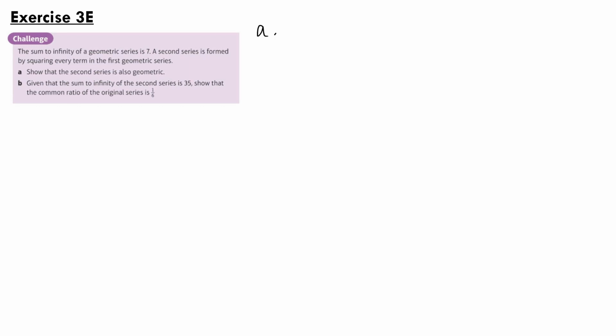So, if we think about what a general geometric sequence looks like, we're going to have first term a, and then after that we're going to multiply every term by r as we move along. So we're going to have ar, ar squared, ar cubed, and so on.